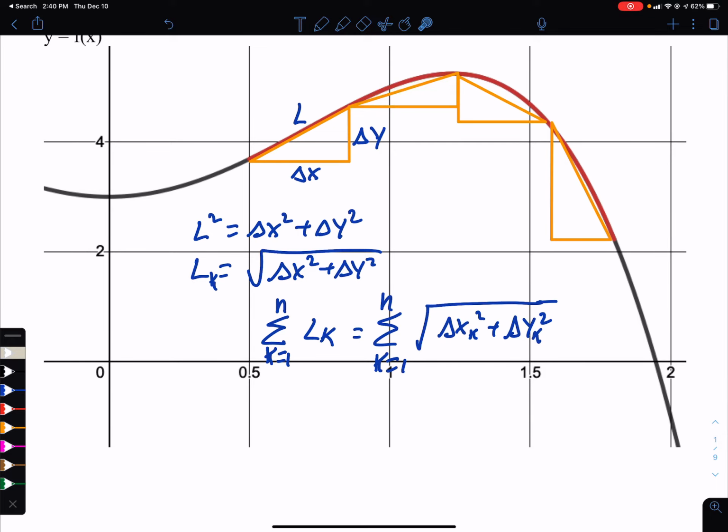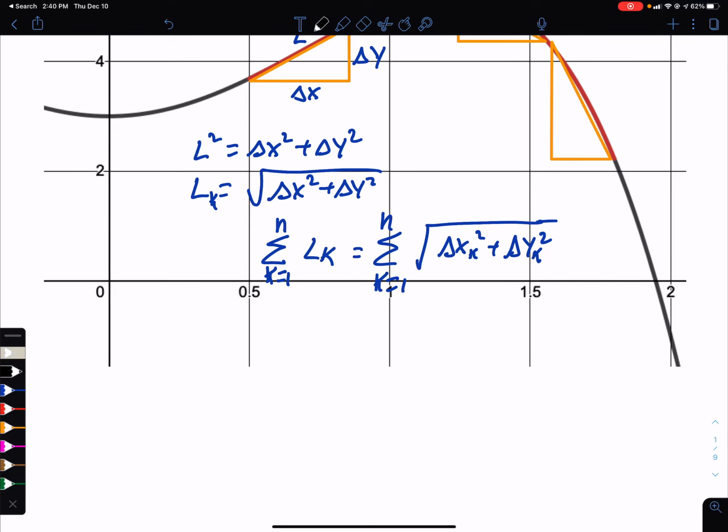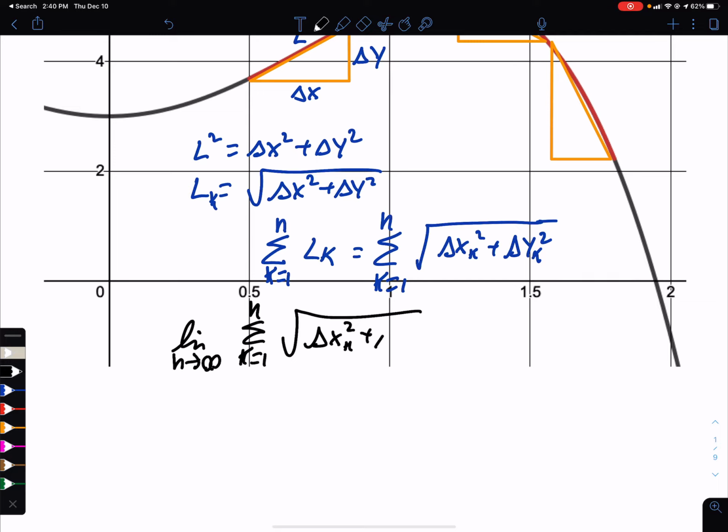And the more triangles I have, the error approaches 0. So we're going to do this. If you take the limit as n goes to infinity of this, that would be the actual arc length. We'll call it L for the length of the arc.